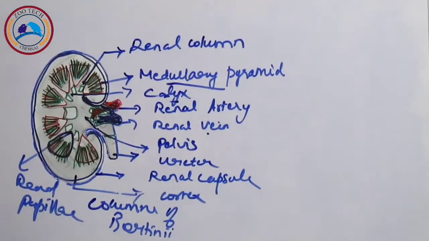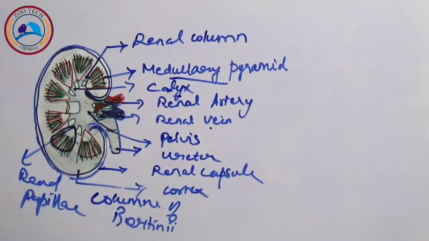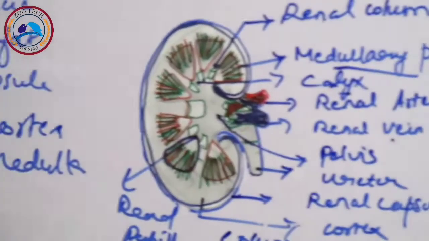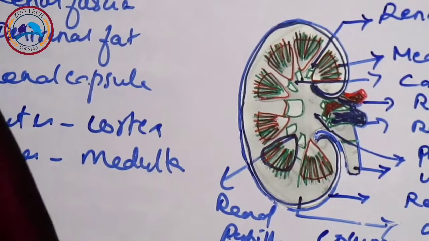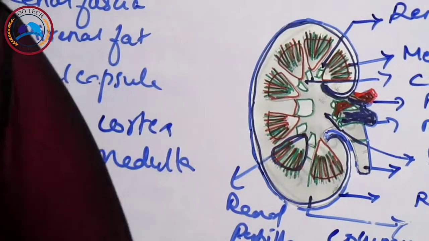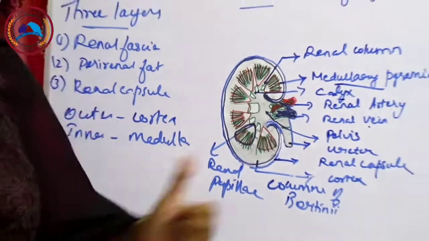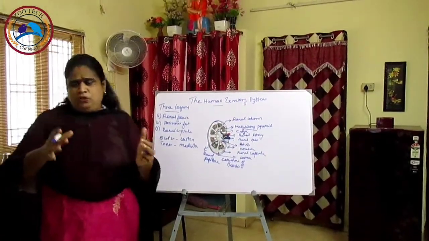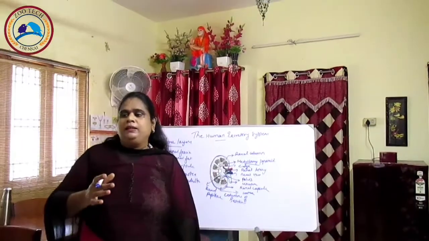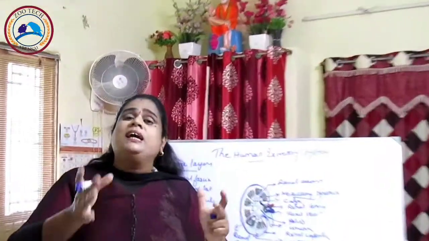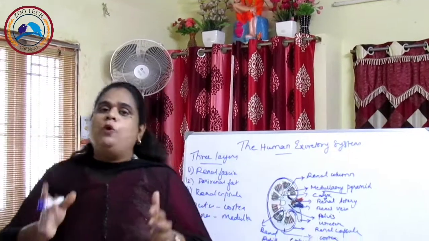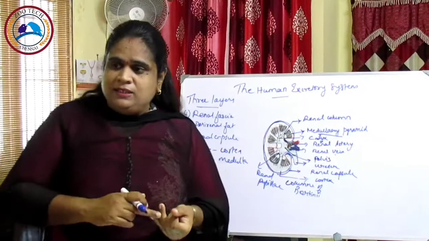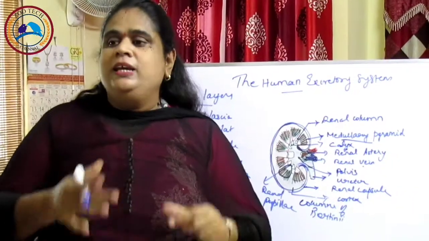Several minor calyces connect to form the major calyx, the small one and the larger one. The renal pyramids pour the collected liquid into smaller tubes called the minor calyces, which join to form the major calyces.